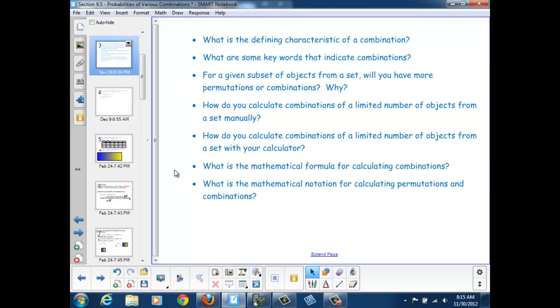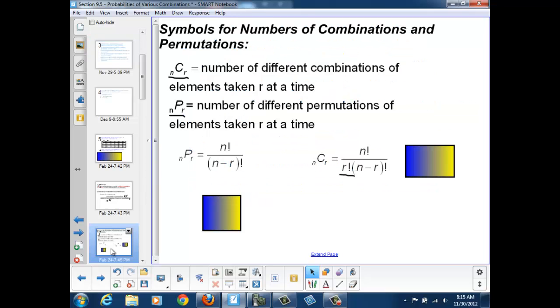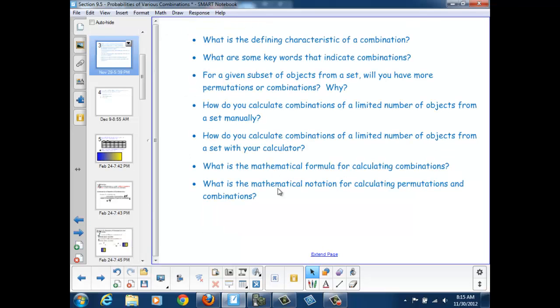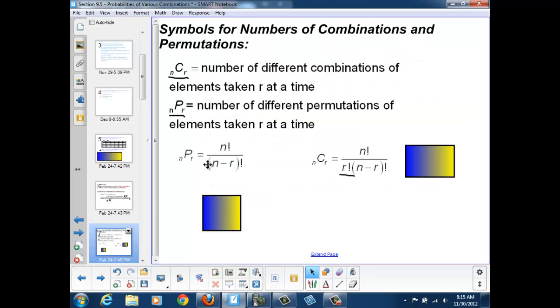What is the mathematical formula for calculating combinations? Again, n factorial over r factorial times n minus r factorial. What is the mathematical notation for calculating permutations and combinations? We'll be using the notation nPr and nCr.